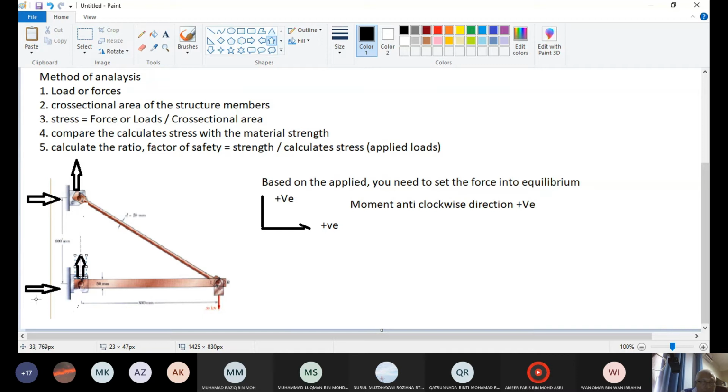And why do we have the force here? Because as we apply the 30 kilonewton, we also have force along this direction.